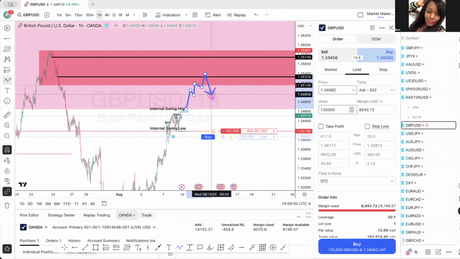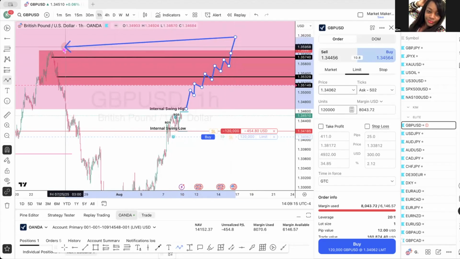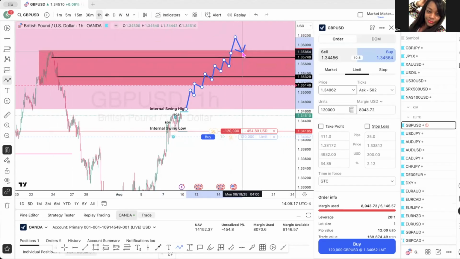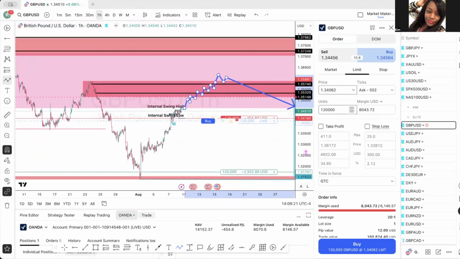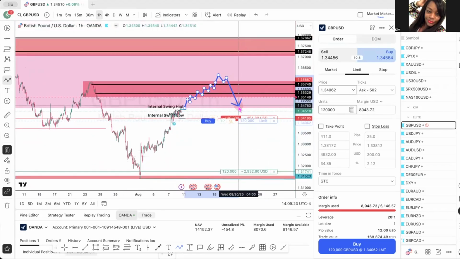It's either going to come here and shift structure, or it's going to buy out, break above this high, and my whole thought process is going to change.